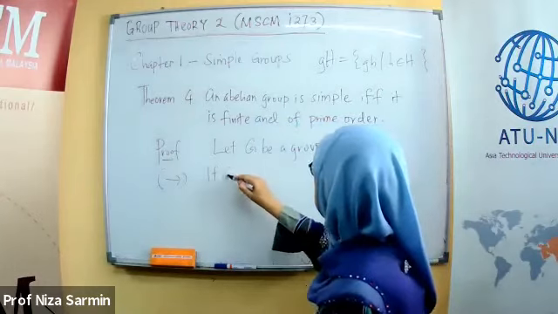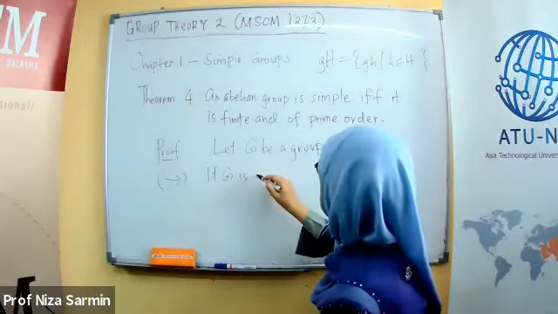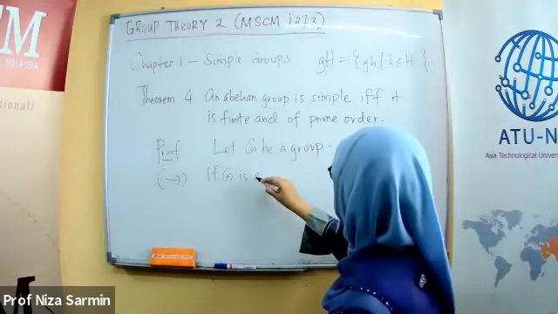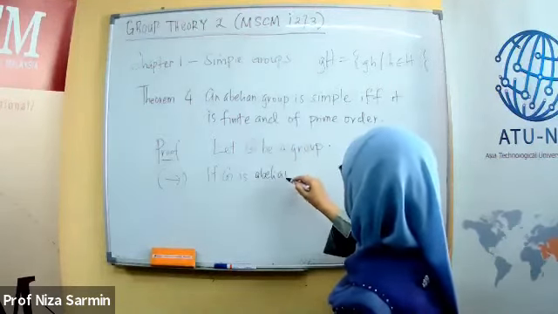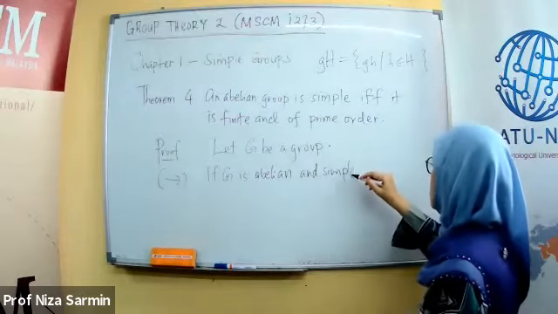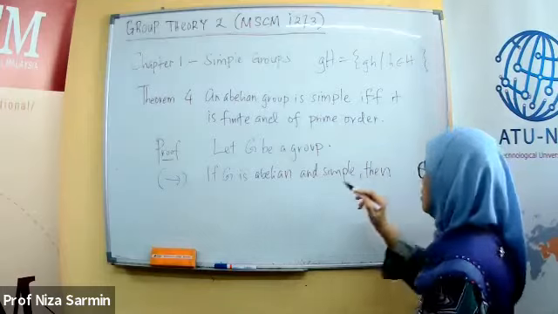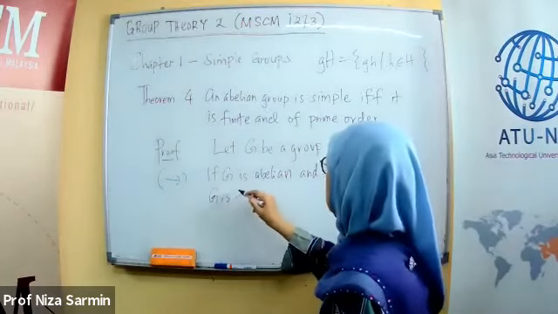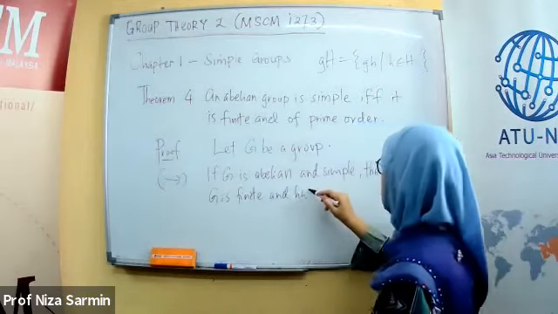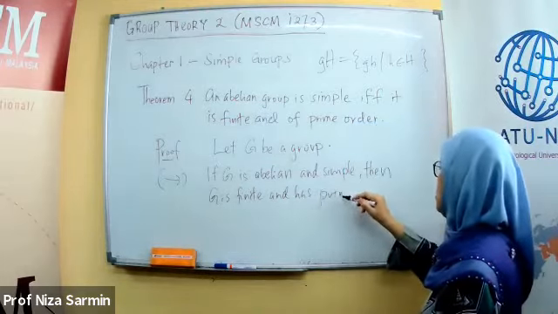If G is abelian and simple, right? Then G is finite and has prime order.